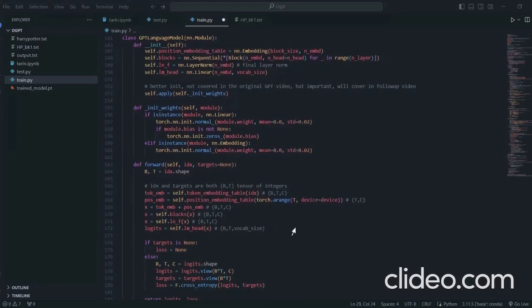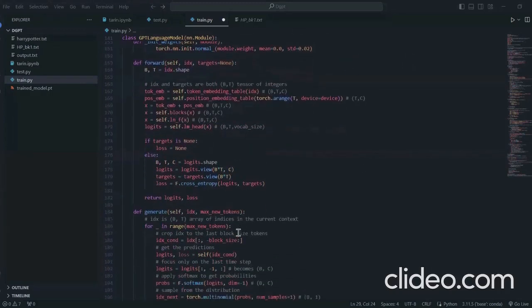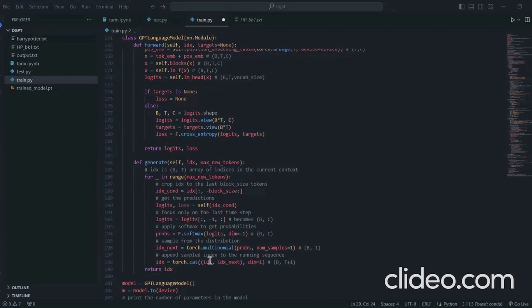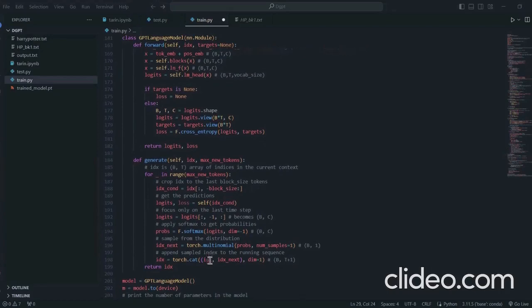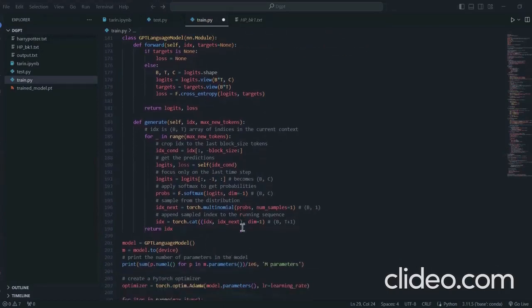If targets are provided, it also computes the loss using cross entropy. The generate method generates new text given an initial context. It iteratively predicts the next token, samples from the predicted probability distribution, and appends the sampled token to the context. The process continues for a specified number of tokens.